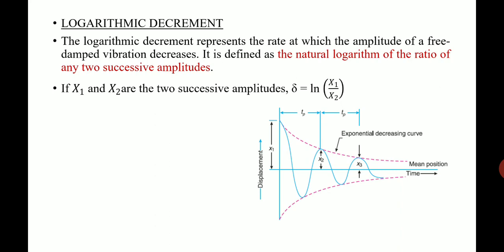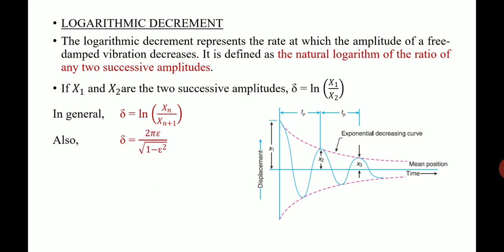Now as we have seen, delta is equal to ln x1 by x2. Generally speaking, logarithmic decrement can be defined as delta is equal to ln xn by xn plus 1, where n is an oscillation and n plus 1 is the successive oscillation. So if we take the ratio of any two successive oscillations, delta can be defined as ln xn by xn plus 1.